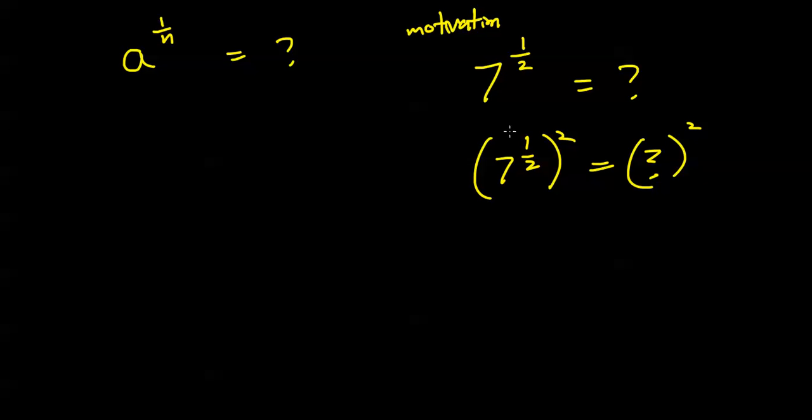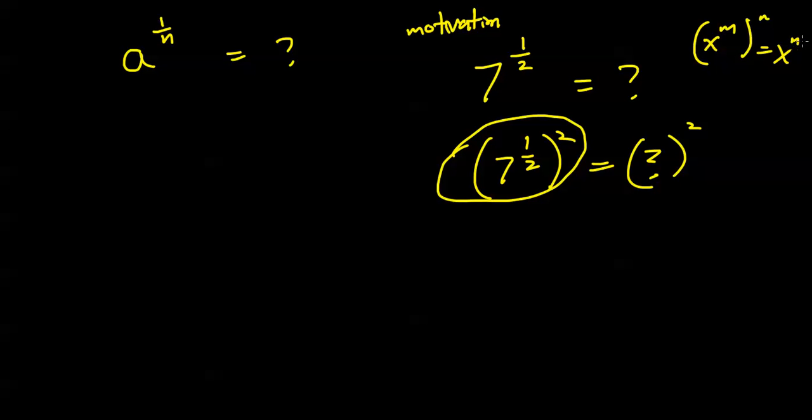And we can see that 7 to the 1/2 power squared, well, the rule says when you've got a power of a power, you multiply the exponents, do we not? In other words, x to the mth power in turn raised to the nth power is x to the mn power. And if I multiply these two exponents as indicated, 2 times a half is 1.